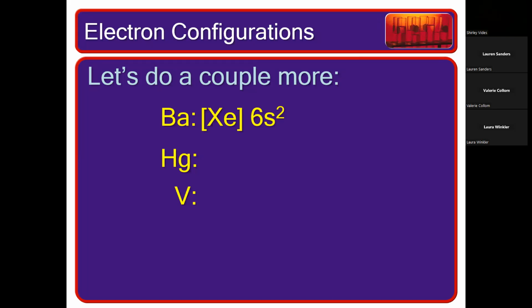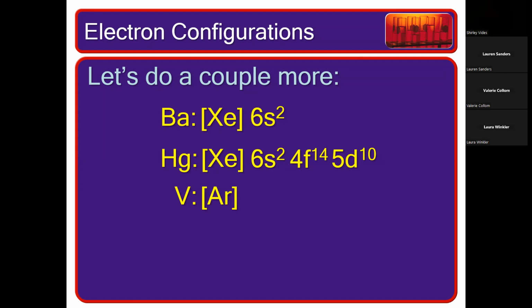Mercury, we located it, it's also xenon, and it was 6s2, and we got to go down to the F's, 4f14, because it's full, and then 5d10, and there's mercury. Vanadium, we located it and looked for the noble gas, seems to be argon. And then we got 4s2 and 2 vanadium. There's 3 into the D, so it's 3d3. And that's it.